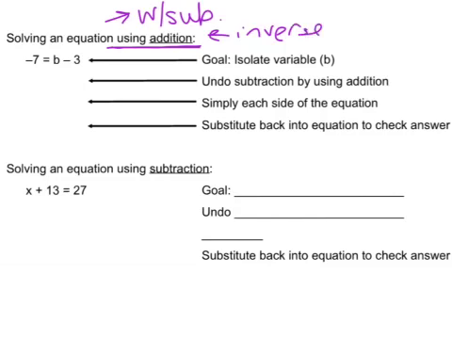And so when we solve equations for an unknown variable, we need to isolate the variable. And you're going to hear me saying that a lot. We got to isolate the variable, get it alone. And so to undo that subtraction right there, what we need to do is use addition.